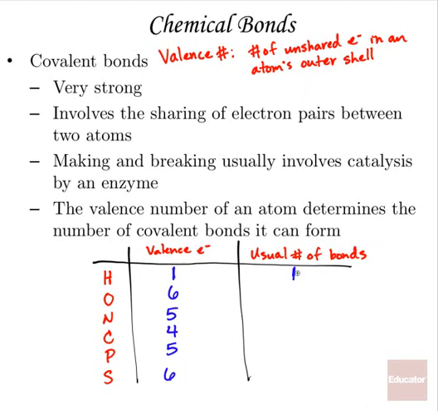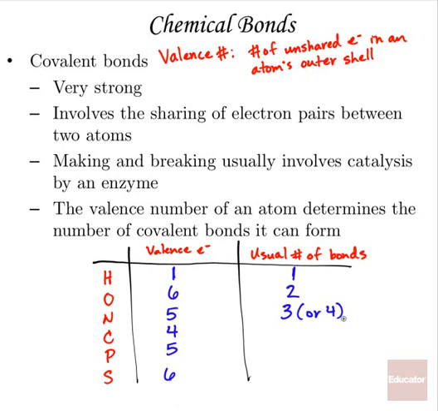Oxygen, to have its full octet, can either accept 2 electrons from somewhere else or give up 6 of its own, but it's more likely to take 2. So therefore, by taking 2 electrons, each one of those is going to participate in a bond. So that is 2 bonds for oxygen. Nitrogen, to get its full octet, would want 3 bonds. Sometimes it can actually have 4 bonds.